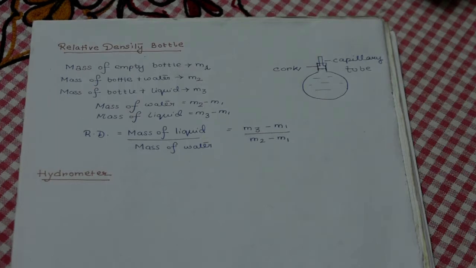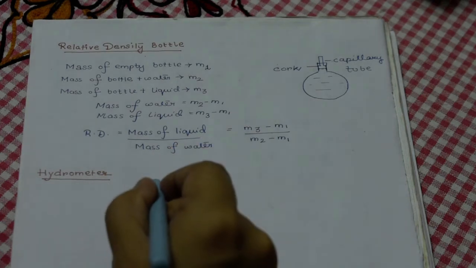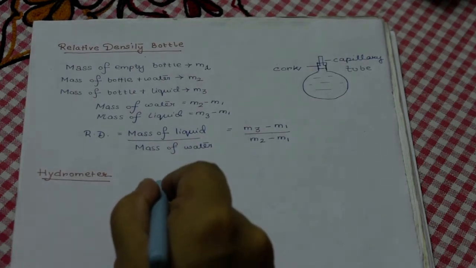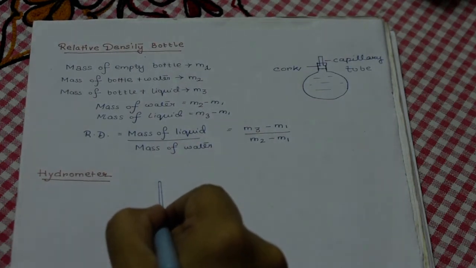There is another device known as the hydrometer, and this hydrometer is generally used for measuring the relative densities of substances in a much quicker manner. So what is the hydrometer? The hydrometer is basically a structure like this.